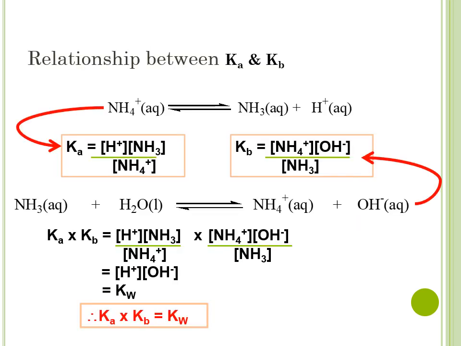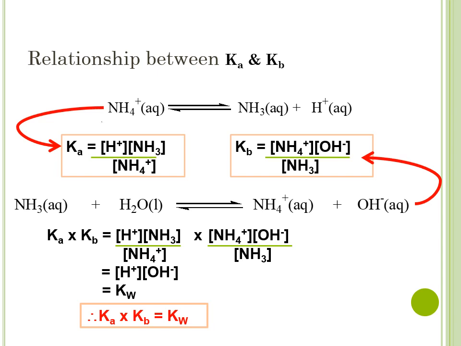Ka is the dissociation constant for an acid, while Kb is the dissociation constant for a base. The relationship between Ka and Kb can be explained by using the dissociation of ammonium ion as shown in the slides, where we have two balanced equations here.